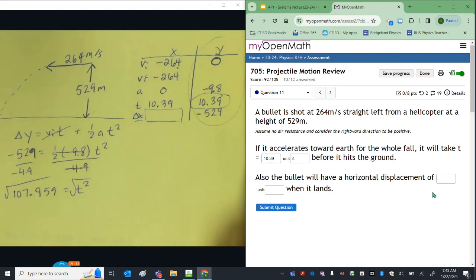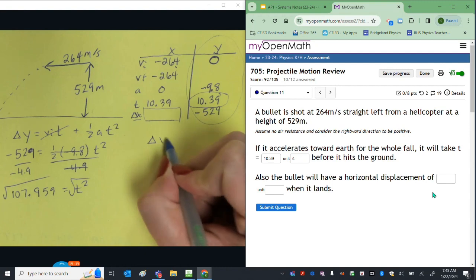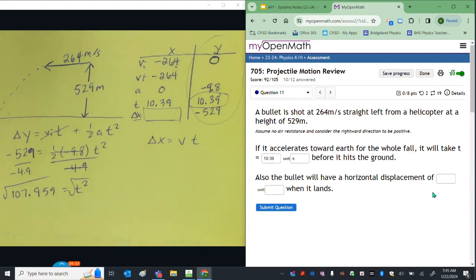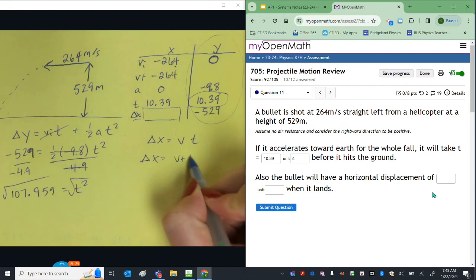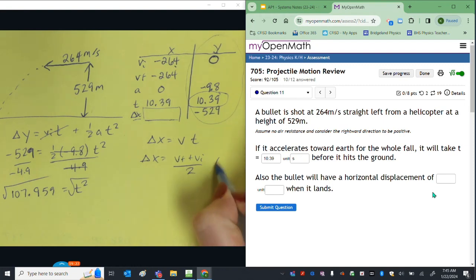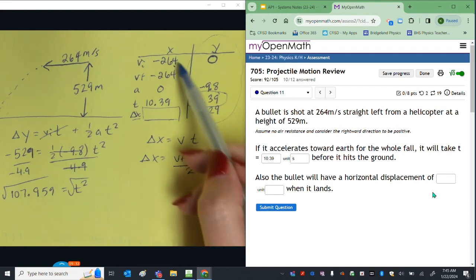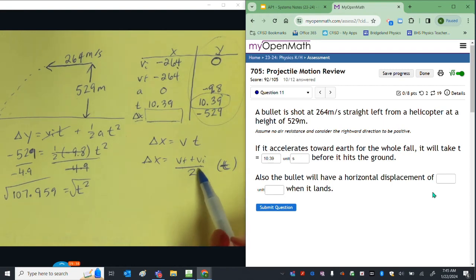Okay, again, displacement is velocity times time whenever we're dealing with constant velocity. And I can get that from this equation, delta x equals Vf plus Vi divided by 2 times t, because Vf and Vi are the same. If I add them and then divide by 2, it's just going to be velocity, so velocity times time.